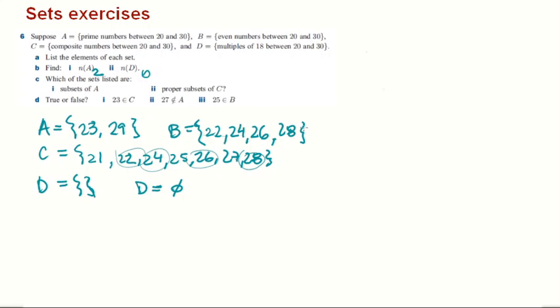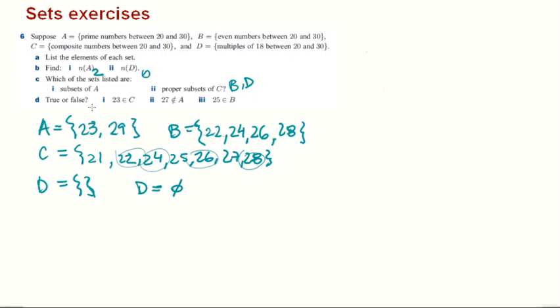So B is a proper subset of C. Is A a subset of C? It's not, because I don't have 23 here and I don't have 29. Now D is also a proper subset of C, because I can always get an empty set from another one. I just don't take anything. So B and D would be proper subsets of C.